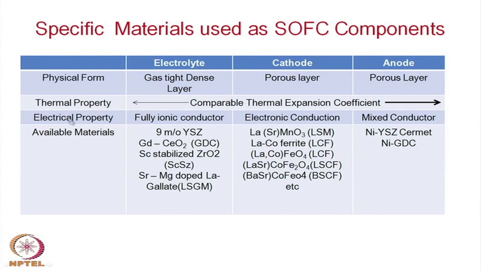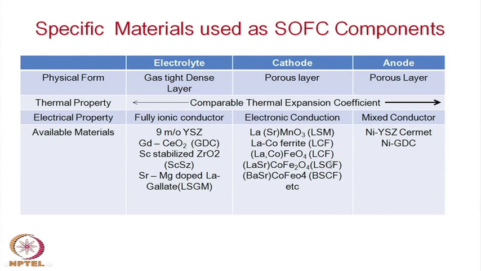So far as the electrical property is concerned, I forgot to mention that. What is the kind of electrical property requirement for these three materials? The electrolyte, by definition, is a fully ionic conductor, and in this case it is an oxygen ion conductor. The conductivity is only through movement of oxygen ions, whereas the cathode must be an electronic conductor.